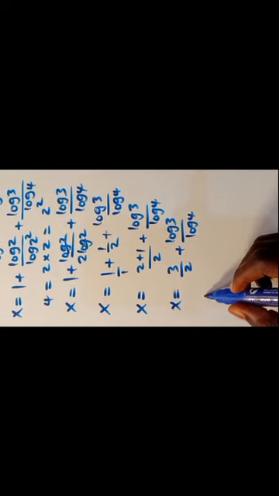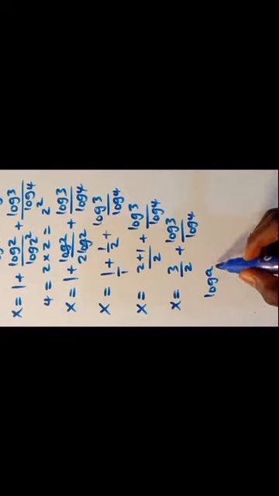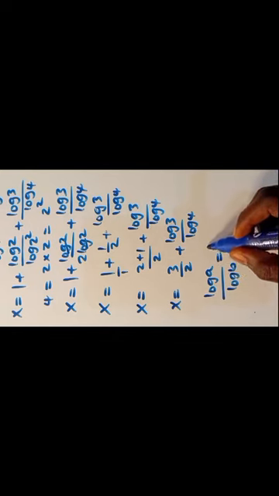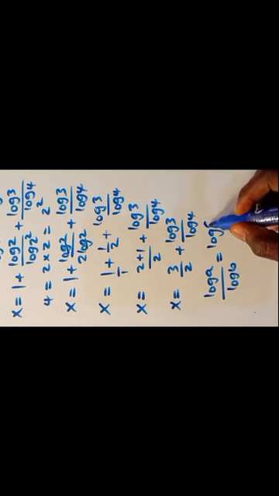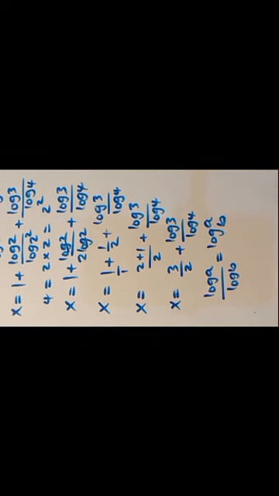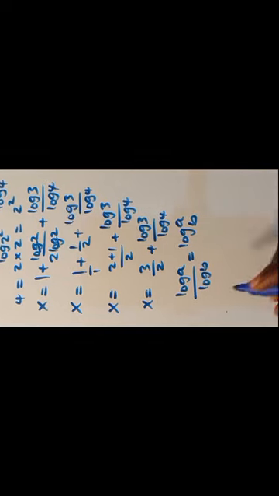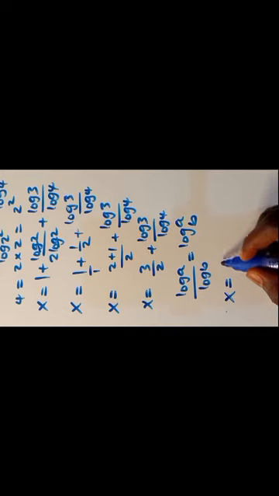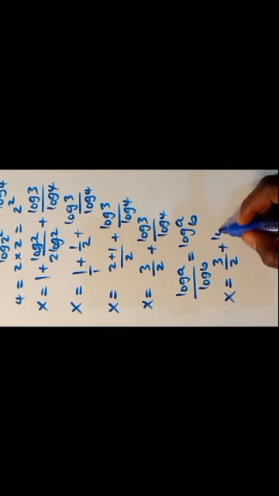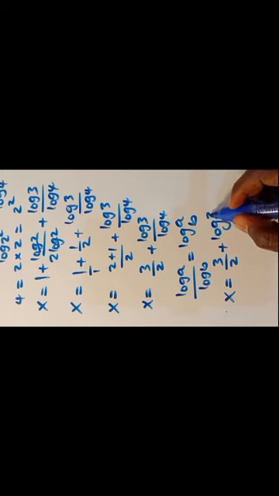Then when we have log a over log b, it always equals log of a in base b. So we have x equals 3 over 2 plus log 3 in base 4.